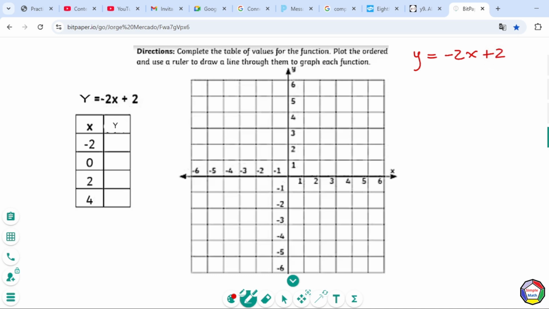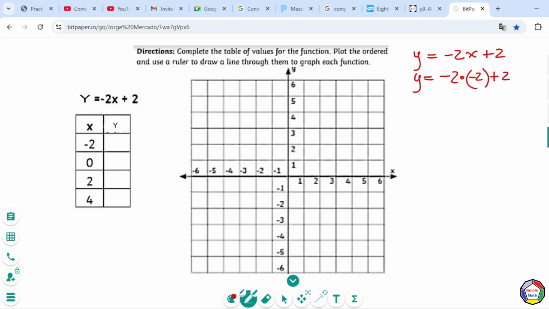If x becomes minus 2, it means I'm going to substitute the minus 2 in the x value. So the equation I'm going to have now is y equals minus 2 times x, but what is x? Minus 2, plus 2.